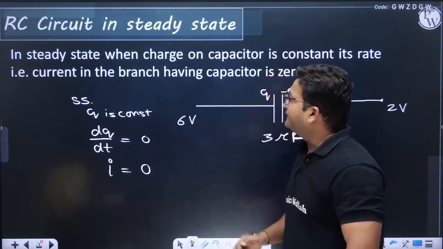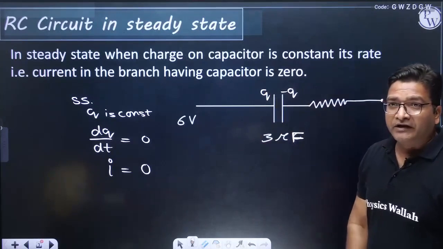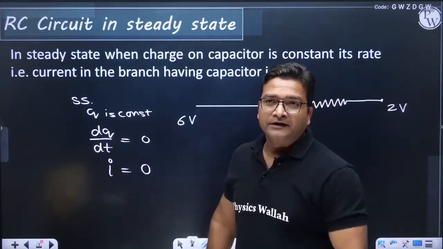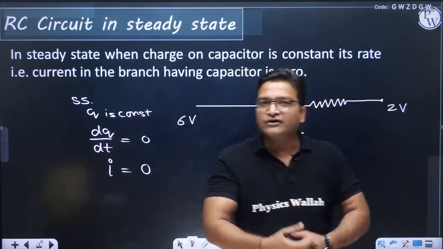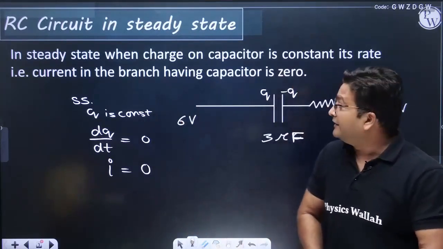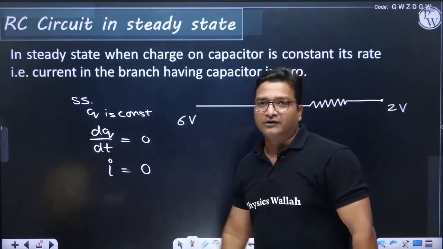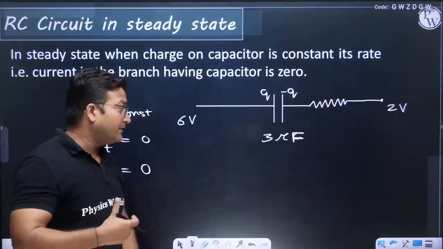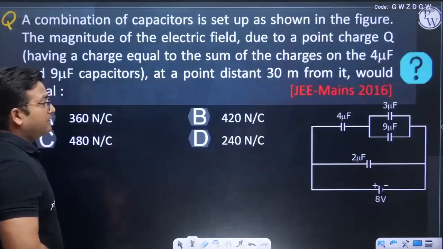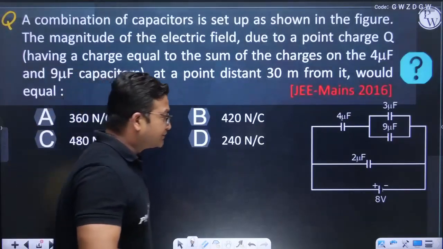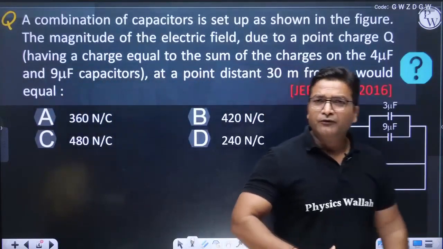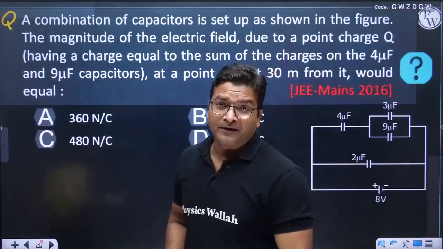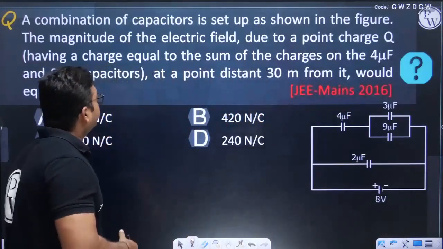So always remember this, in a steady state, when charge on capacitor is constant, the rate of change of charge, that is current, in the branch having capacitor is always 0. Okay, so remember this point, and again I'm saying it's a very important point according to questions. Okay, so let us solve a few problems, obviously very important problems asked previously.